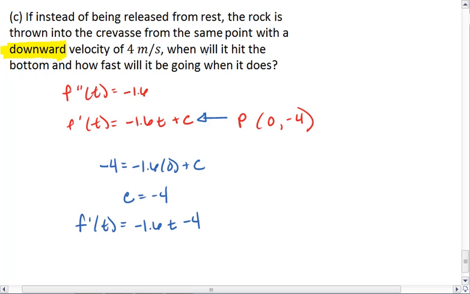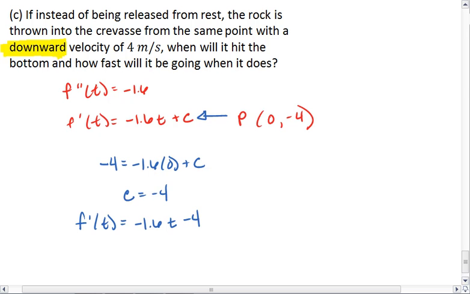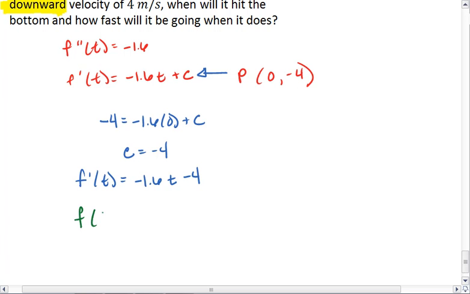The first part, though, is asking us, when will it hit the bottom? Well, we don't know how much time it will take to travel at this new velocity. We do, however, know that the crevasse is 720 meters deep. Well, let's find our distance function. We have f of t.